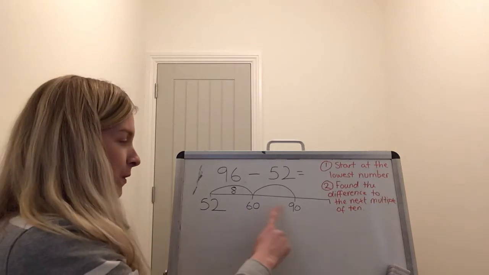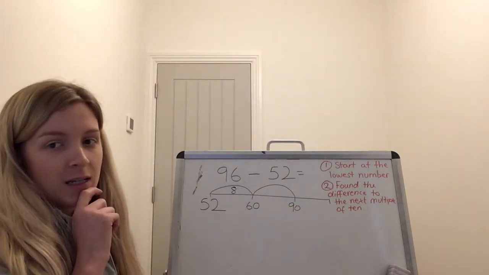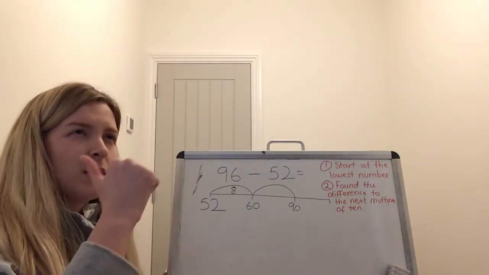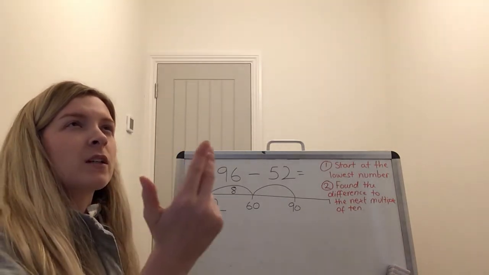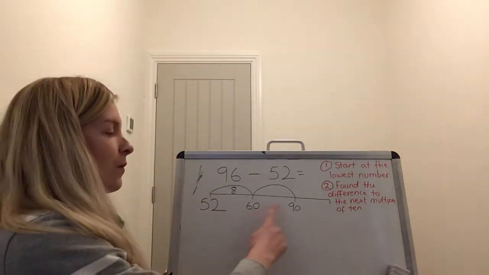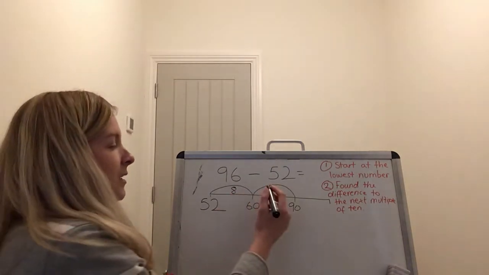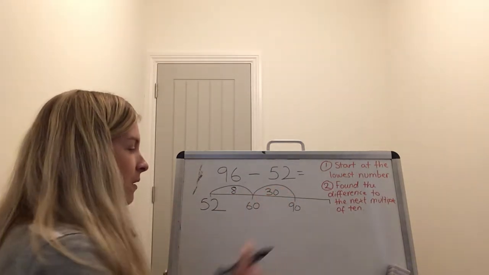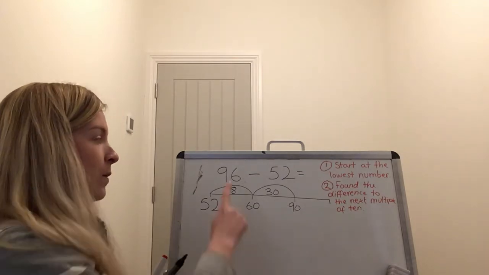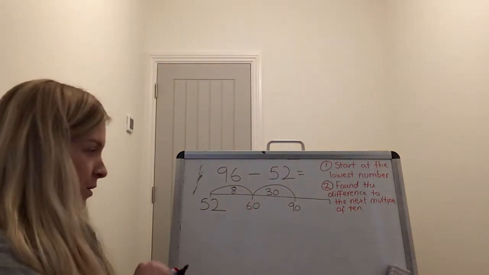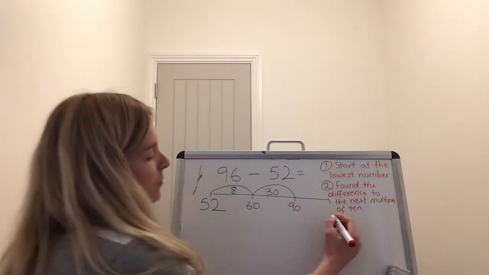What is the difference between 60 and 90? 60, 70, 80, 90. What is the difference between those two numbers? 30. 30. You're absolutely right. Are we at 96 yet? No. So, step number 3.